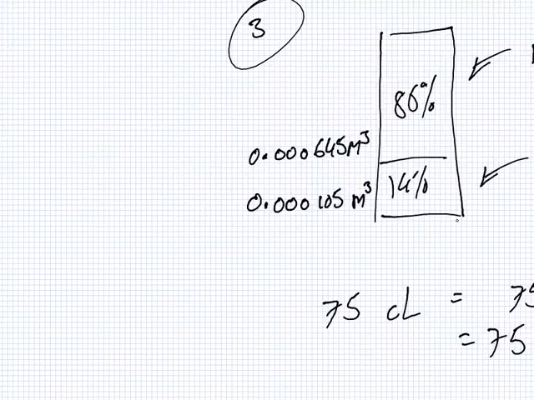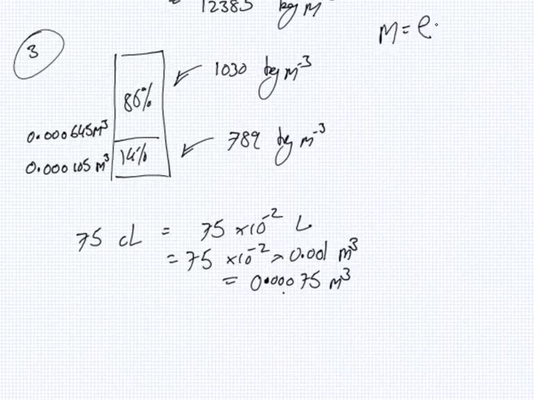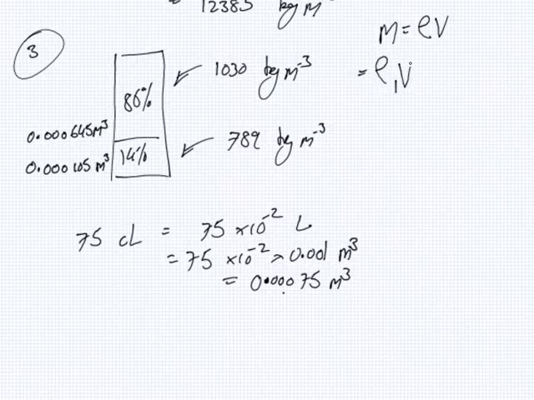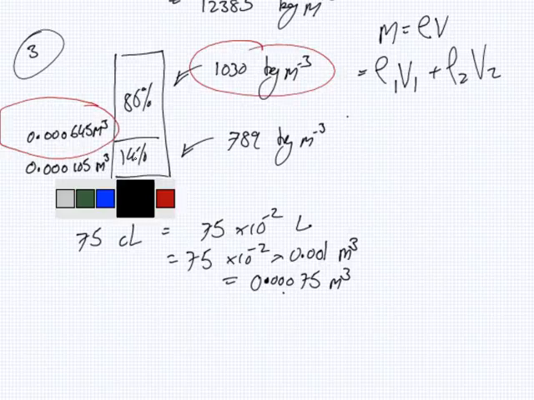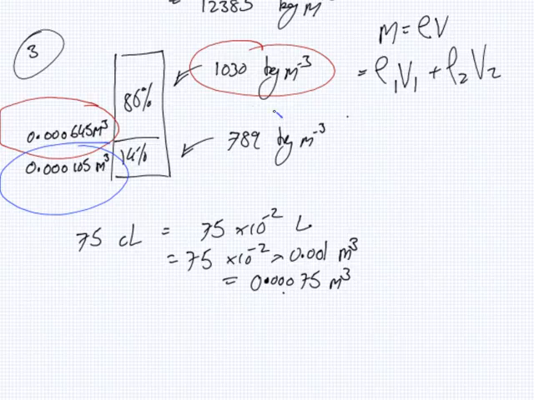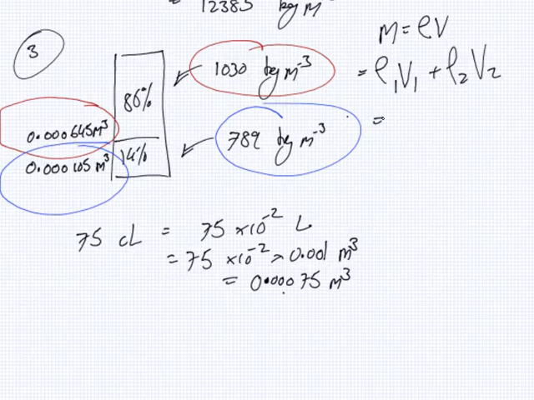So, yeah, just take this number, multiplied by this, plus this number, multiplied by this, and we get our answer. That's the answer there.